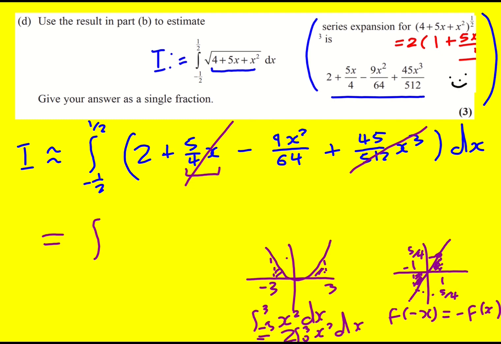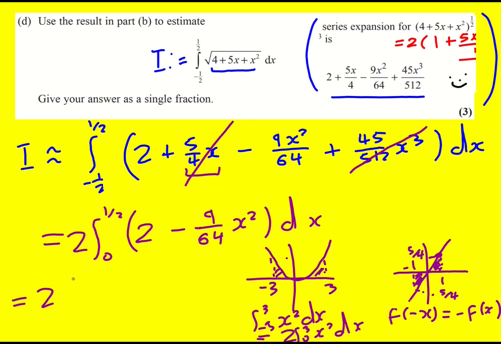So that is a property of even and odd functions. You can just cancel them out if you're integrating between plus and minus some value. Even functions, you can just double it. So I can make it 2 times the integral from 0 to a half of 2 minus 9 over 64 x squared, and just make my life so much easier.